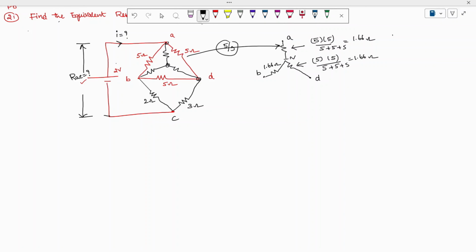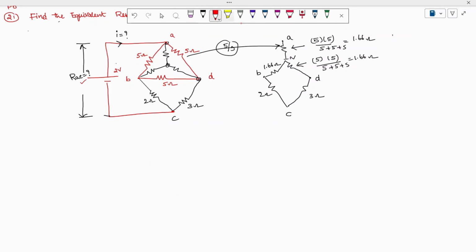So now successfully got it. Now we are going to continue the problem. Here we have the AC and here we are going to have the remaining two resistors. This value is 2 ohm and this value is 3 ohm.